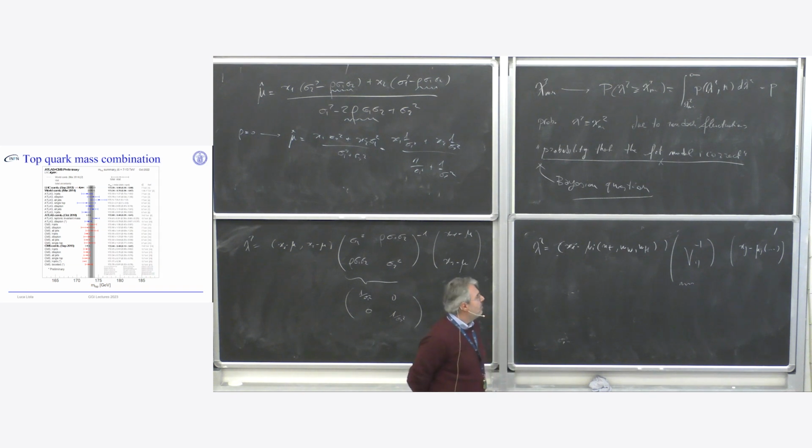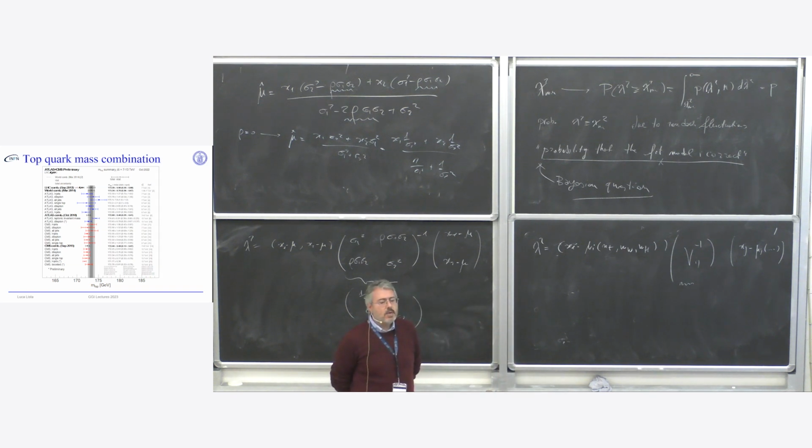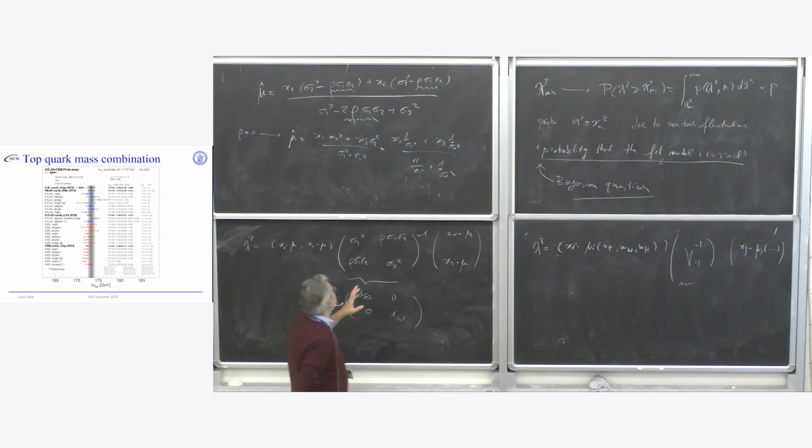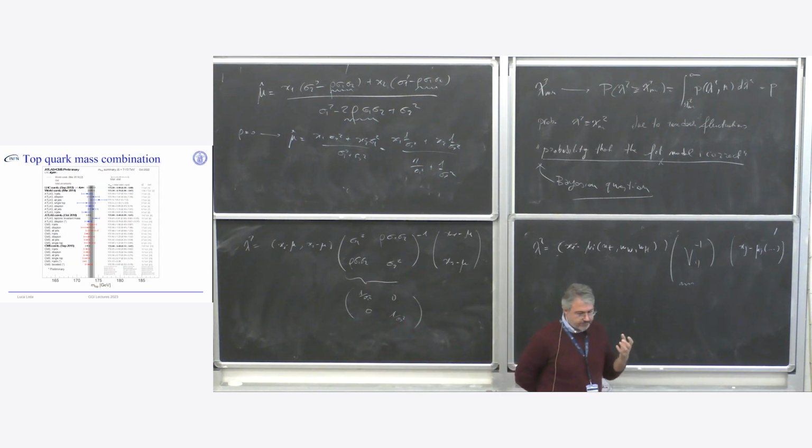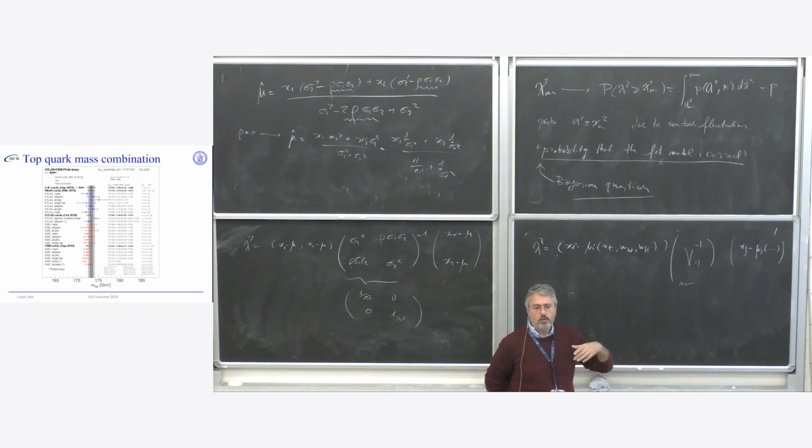No, not necessarily. This is one source of uncertainty which you plug in. What is important is that it's a source of uncertainty which comes from the same kind of source for all the different measurements. So this could be a systematic uncertainty.